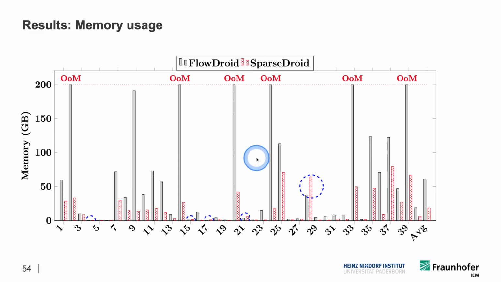In general, the memory consumption of SparseDroid was actually better than for FlowDroid, but in some cases it was not, right? So you can see here in particular, but also in these other blue circle cases, SparseDroid did actually use more memory. Now you can think about why that can happen? Well, they are creating these additional data structures, right? So they are creating these sparse value flow graphs.